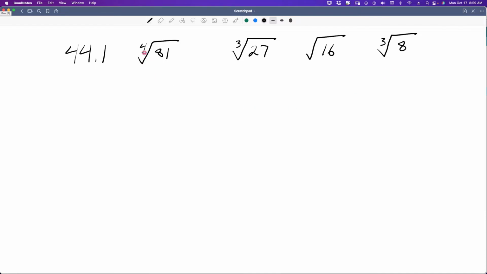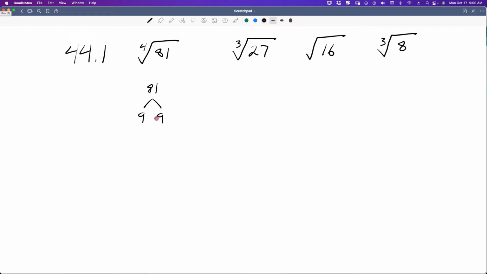We're looking for the fourth root of 81. So it is the number that gives us 81 when we multiply four identical factors together. So first let's do a factor tree on 81. That's what I like to do in order to solve for this. So 81 I know is 9 times 9. I know that in my head. It's a square. And it makes sense.